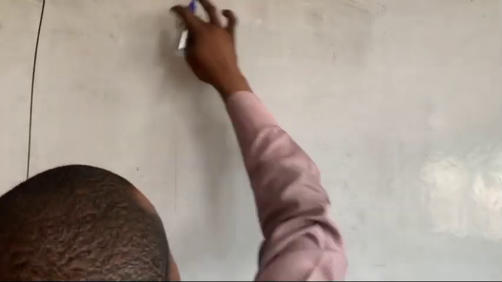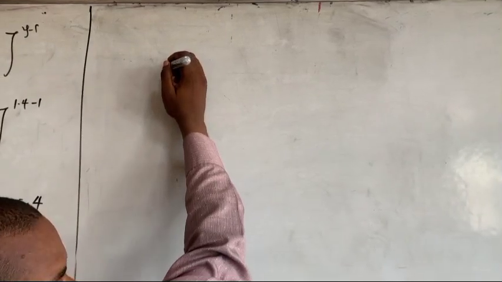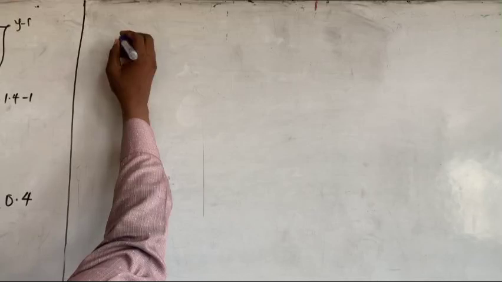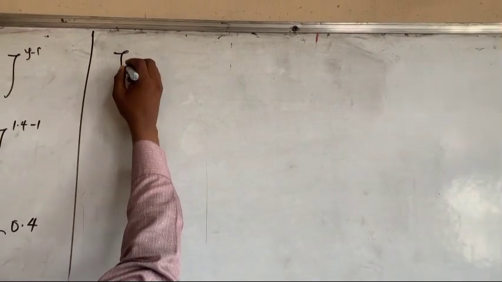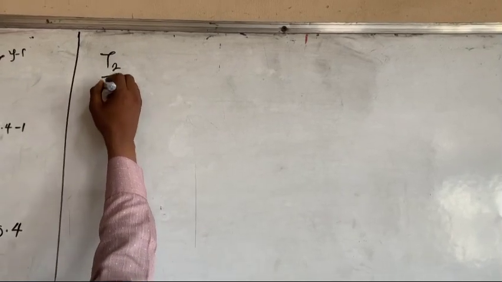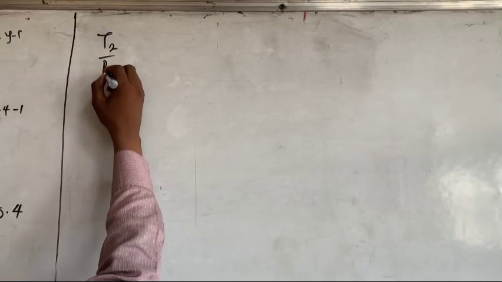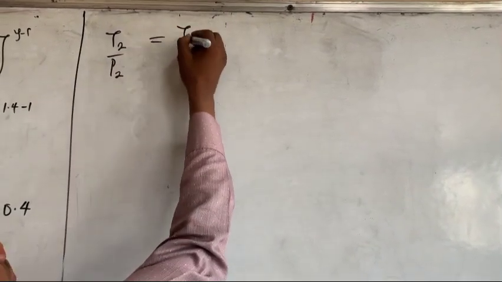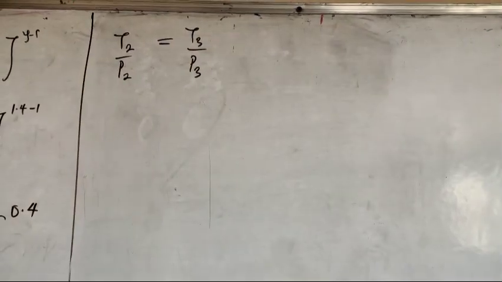Now, more so, during the constant volume process, that is from stage 2 to 3, we also have that P2 over T2 is equal to P3 over T3.